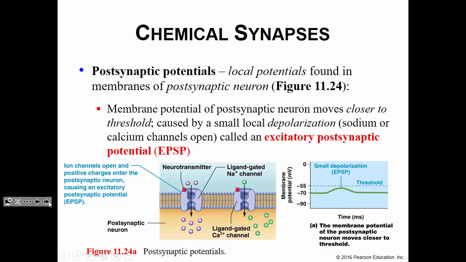That is because either the sodium channels or the calcium channels are open, and it's called an excitatory postsynaptic potential. See, over here, it's moving closer to threshold. Here's threshold, and it's getting closer. And that's the excitatory postsynaptic potential.